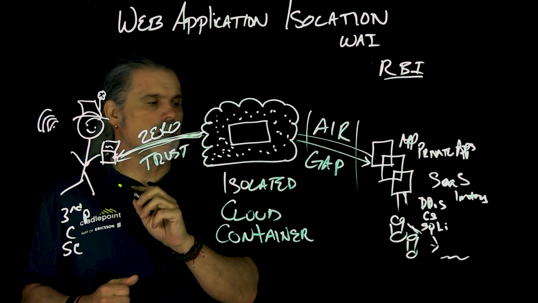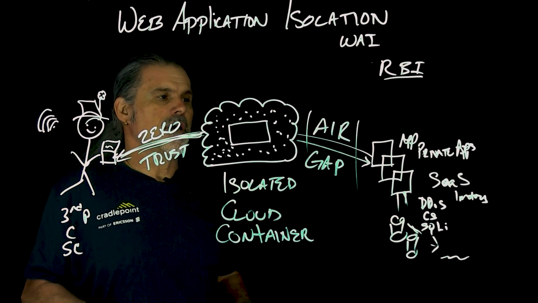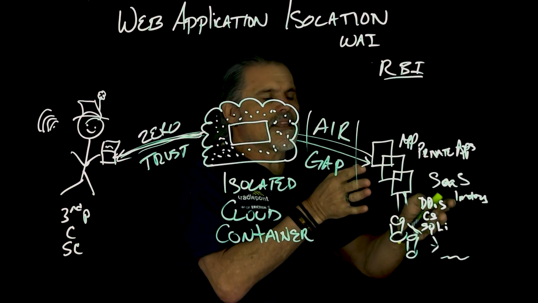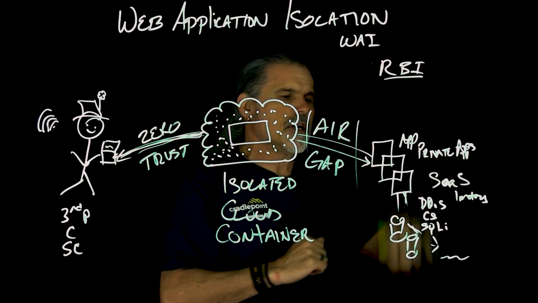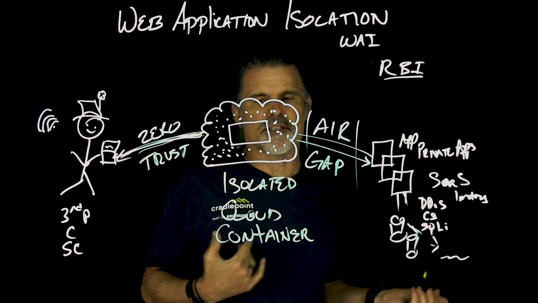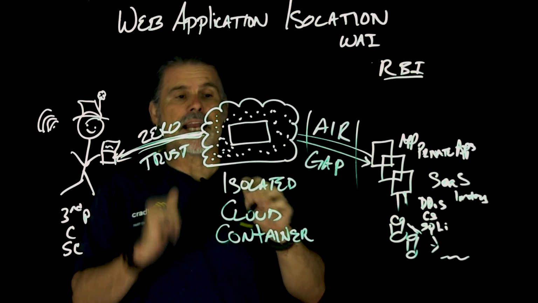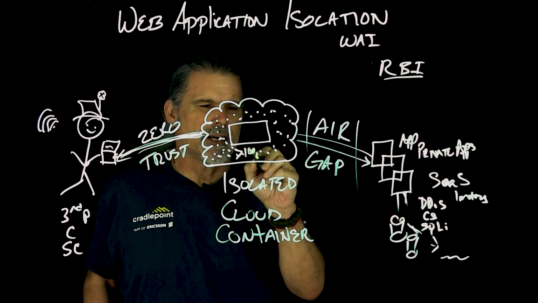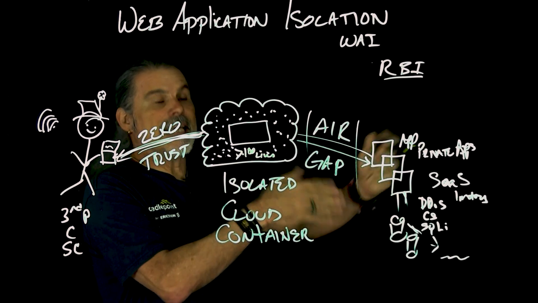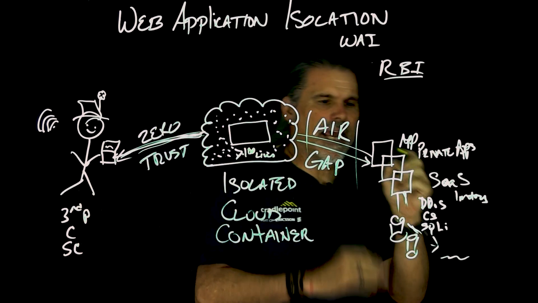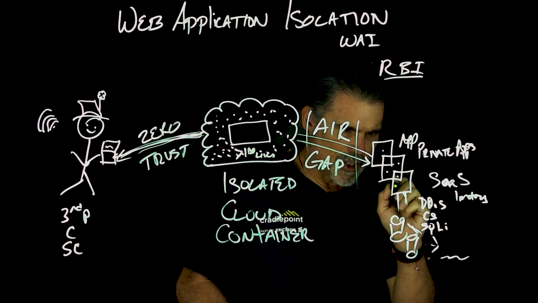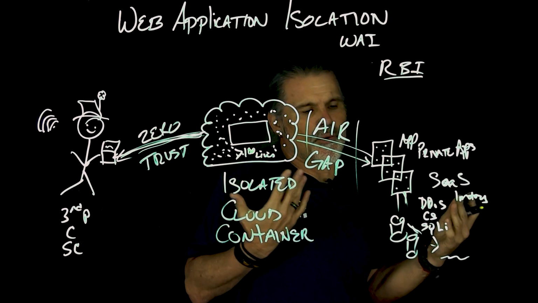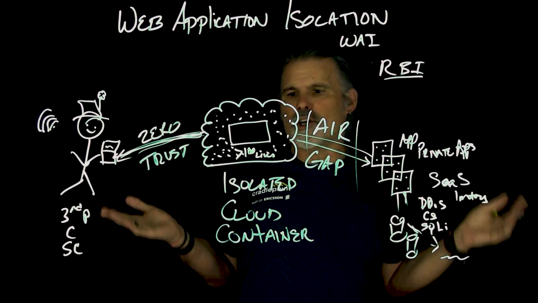Now, if this individual wants to try some funny stuff, thinking they might be able to attack the application, well, many of these applications and SaaS applications have thousands, tens of thousands, potentially hundreds of thousands of lines of code. When it gets isolated in here, I think I've seen it like less than 100 lines of code. So you can't get any intel from this back here. You can't plant any zero days or long-term lateral movements, or snoop around for a while. You just can't do it.